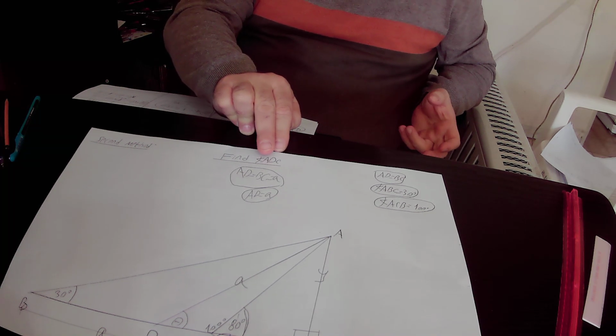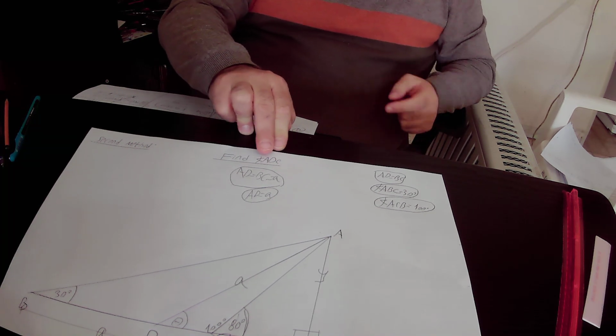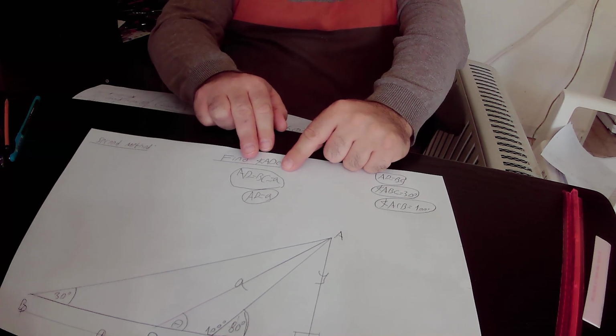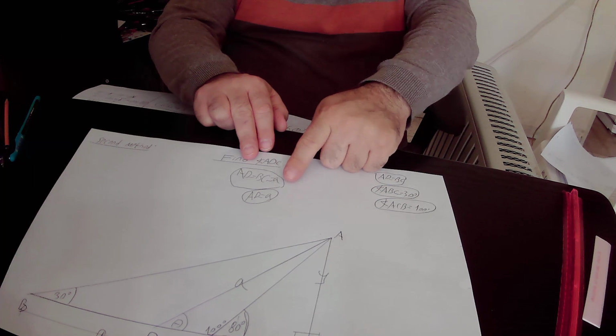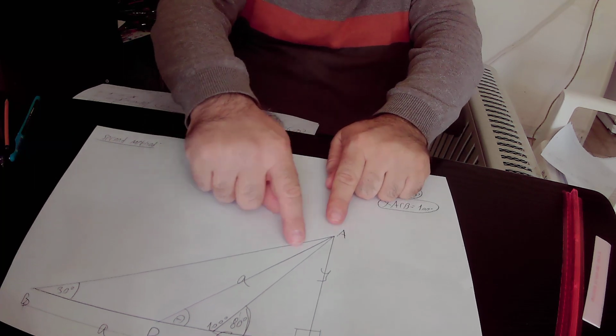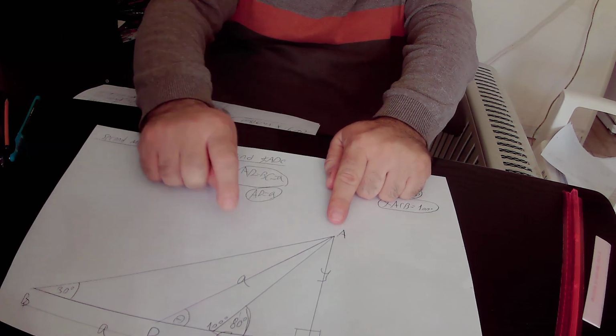But according to our definition, BC equals A. From this equation, AD equals BC equals A, we derive that AD also equals A. So we can write here that AD also equals A.